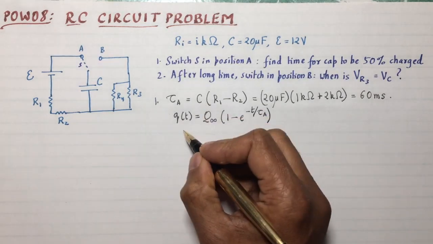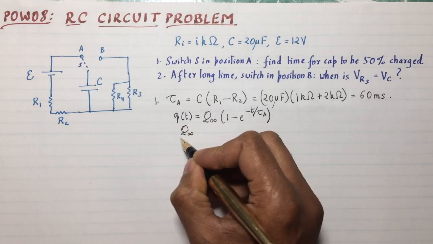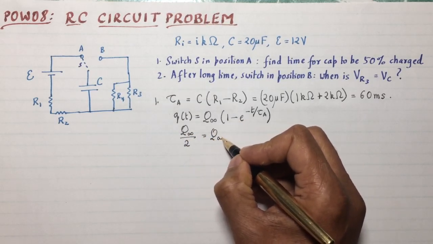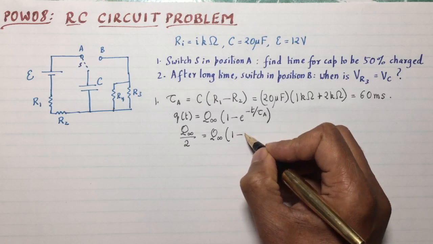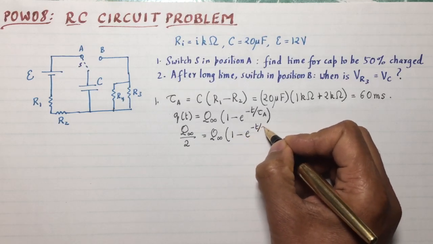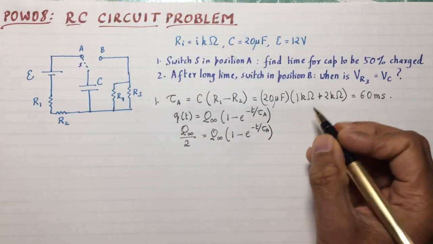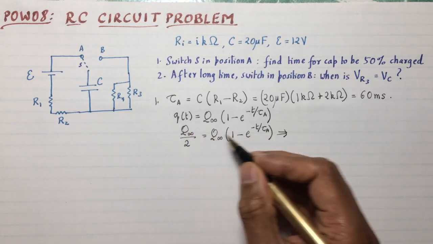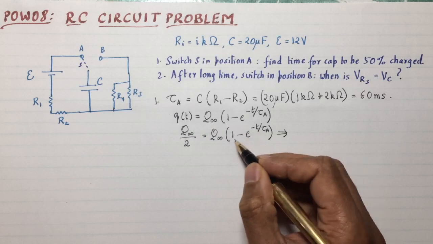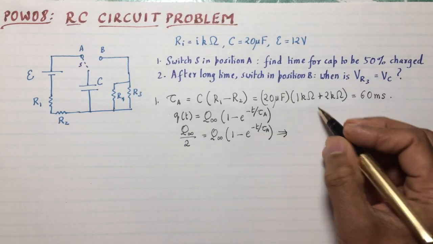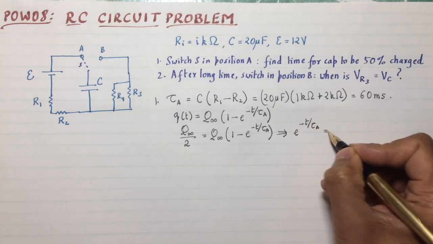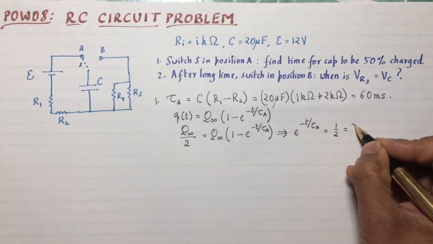Q of t is supposed to be Q infinity over 2, because that's what it means to be 50% charged. That automatically tells us, because for Q infinity over 2 I need 1 minus half, because 1 minus half is half. So this tells me that e to the minus t over tau is half, which can be written as 2 to the power minus 1.